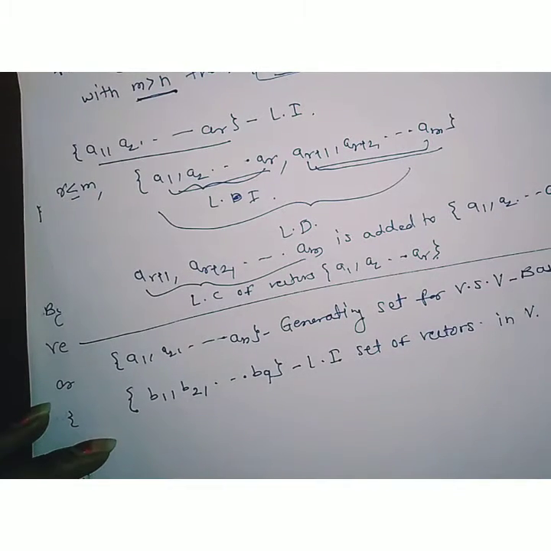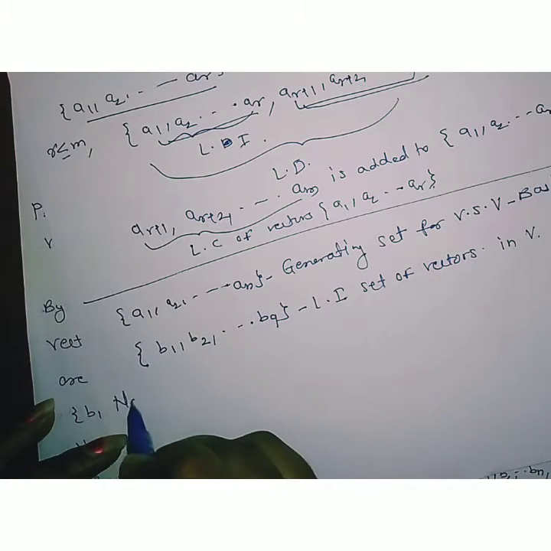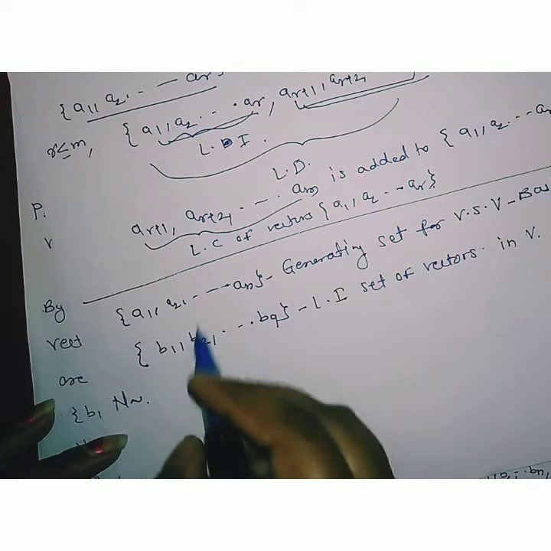But this is a set which cannot form a basis of the vector space V. Now what is the statement of this theorem?